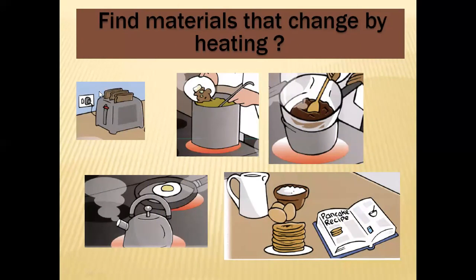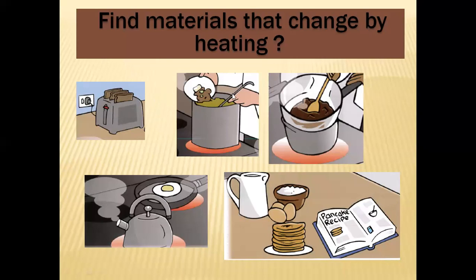Their color is changed. They are heated and roasted. They become crunchy. You can enjoy them at breakfast. Before breakfast, you put them in the toaster to heat them and make them a bit crunchy, so that you can enjoy the toast with your coffee or tea.